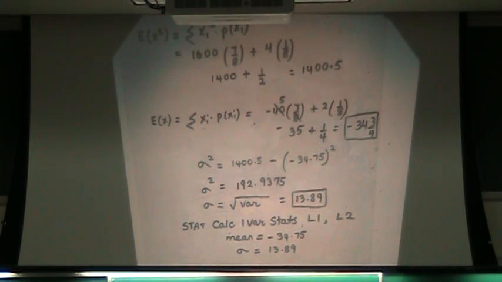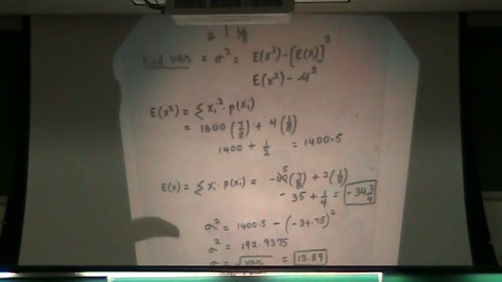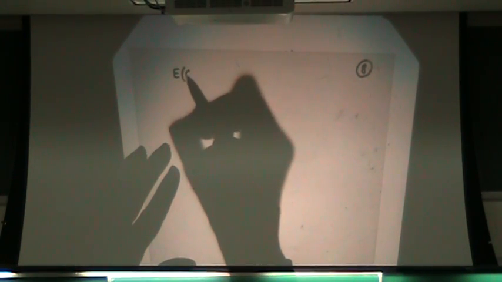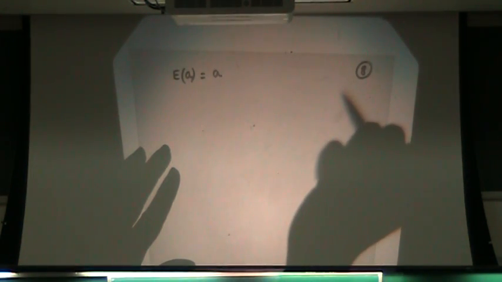Next page is page 4. There are just two formulas for you to know that we haven't talked about yet. We already said that E of a constant, let's say A, is the constant.